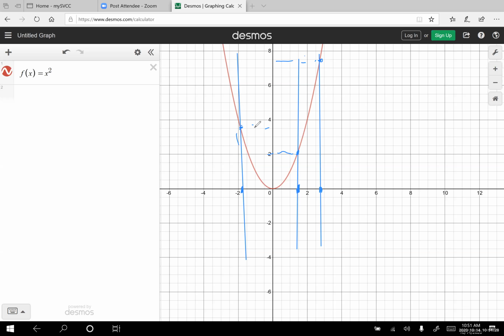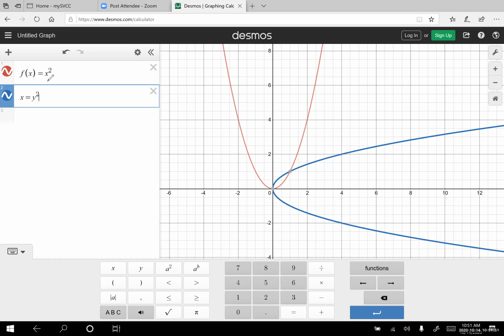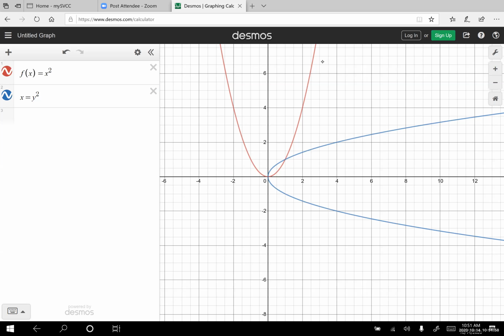Graphically, something that is not a function would be if we turned this parabola on its side. Instead of writing f of x equal to x squared, I'm going to turn it around and say x equal to y squared, just to turn this thing on its side like that. And now you can see if I draw these vertical lines through this function, they often intersect at 2 spots.